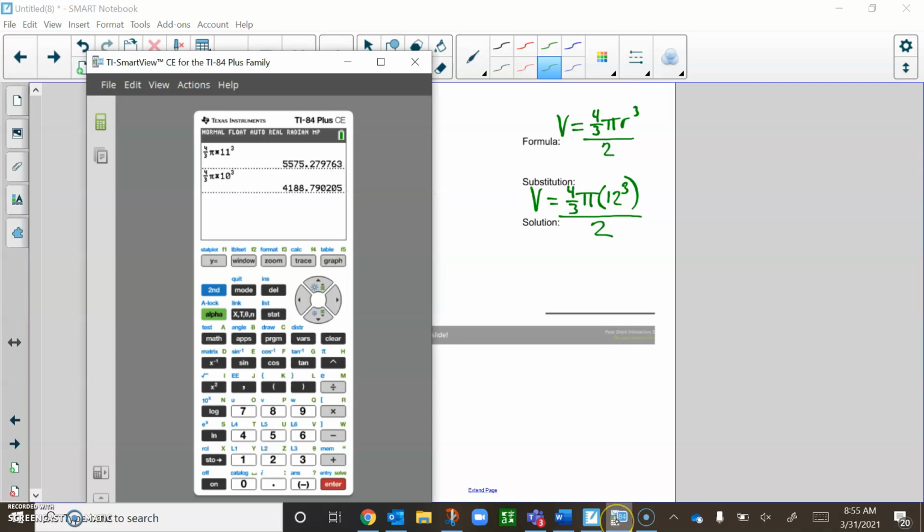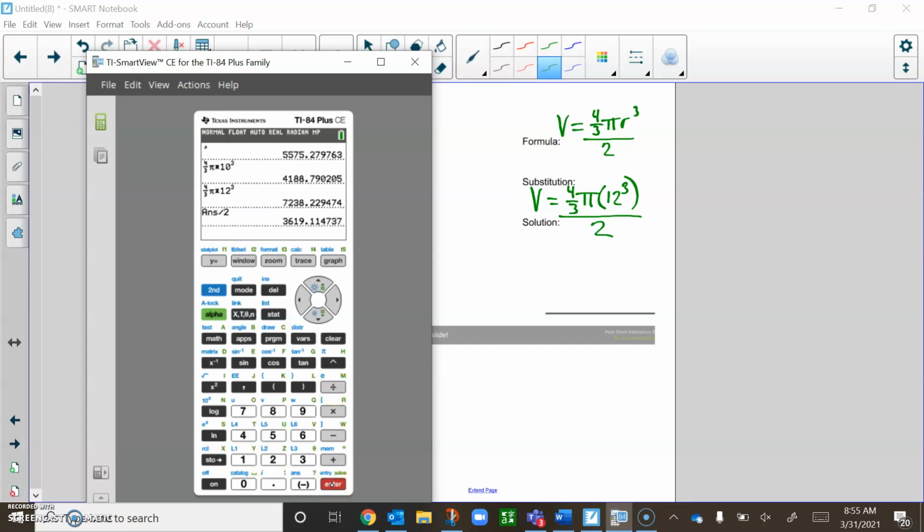When we put that into our calculator, we're just going to do two steps. You have 4/3 times pi times 12 cubed, so raised to the third power. And then after you get that answer, you're going to divide by 2.